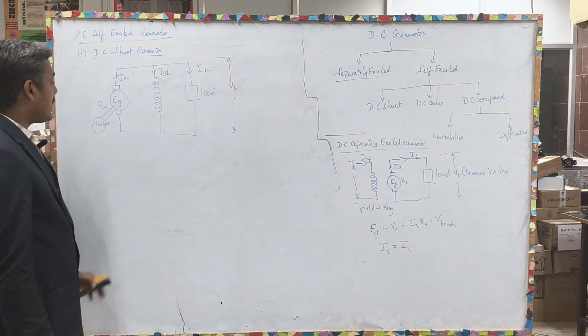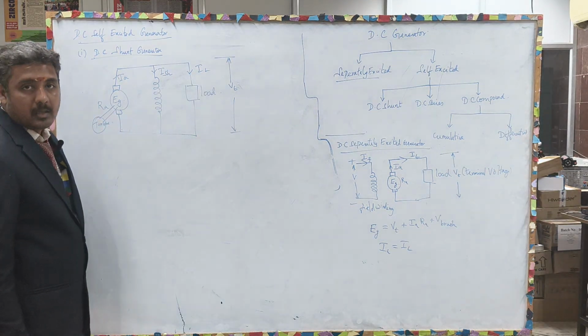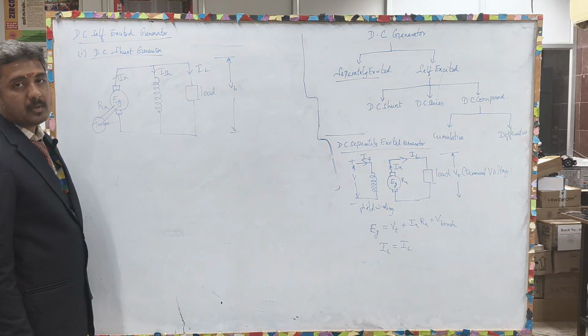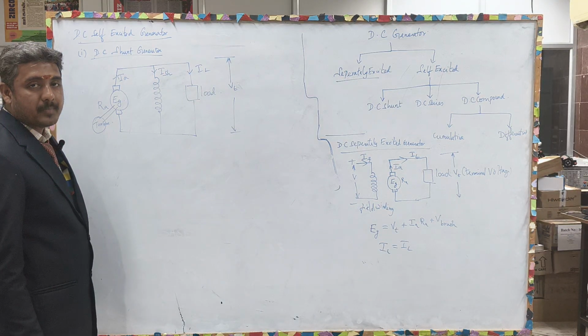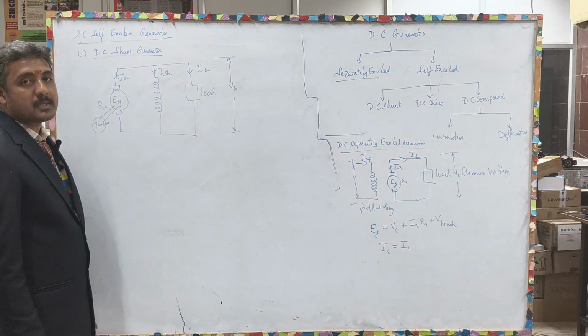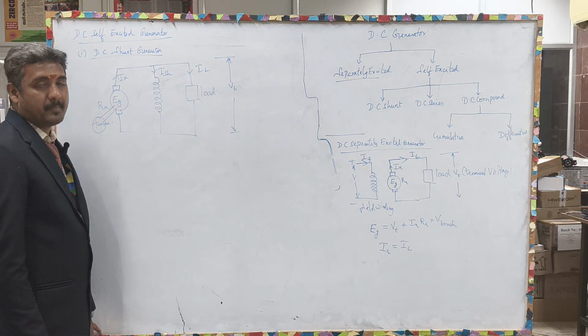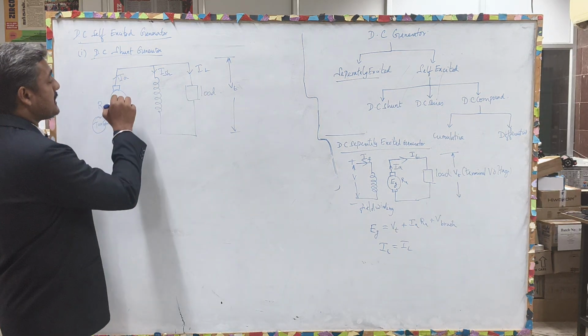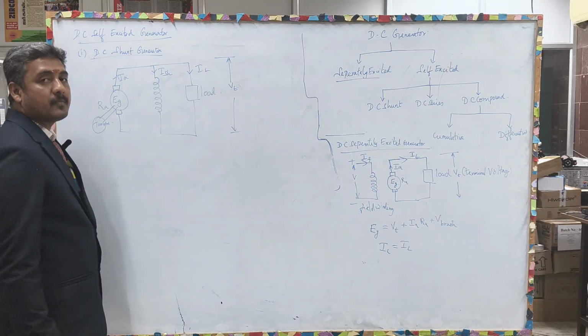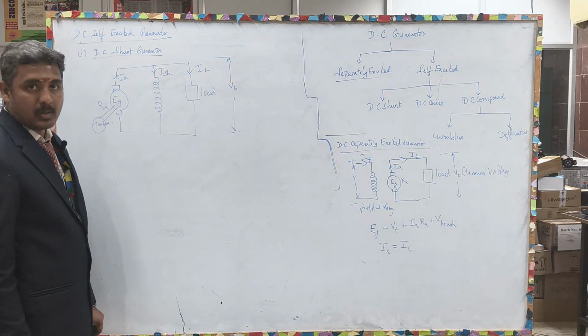Okay, turbine is connected to the armature, and when the turbine rotates, armature will also rotate and produces the electromagnetic field EMF, and that potential, when it forms a closed path, it flows as a current towards the load.